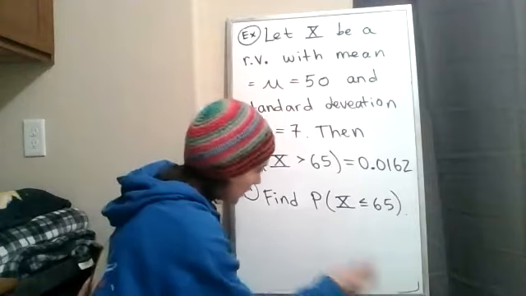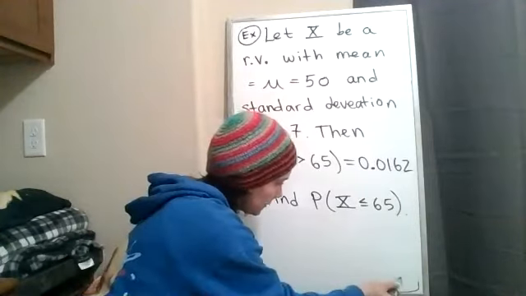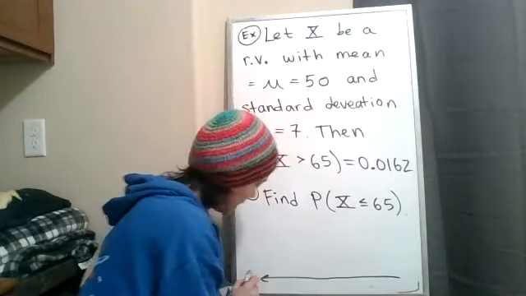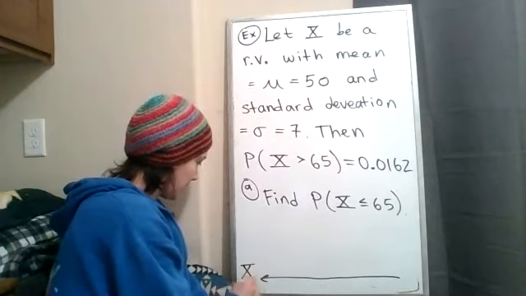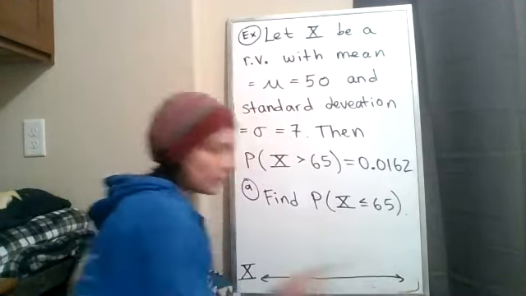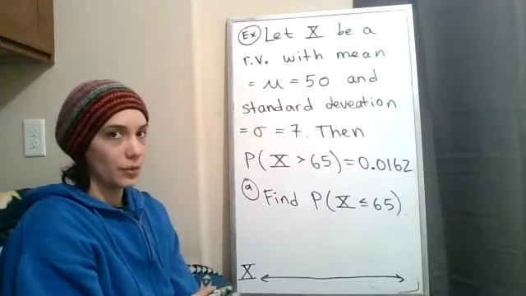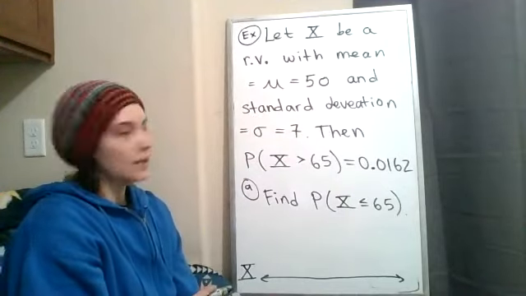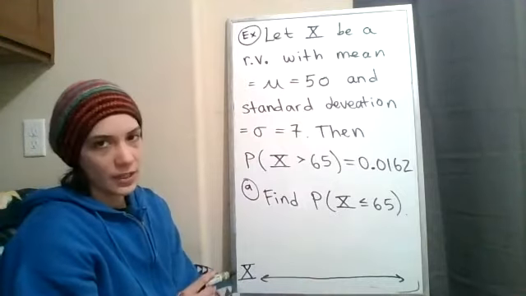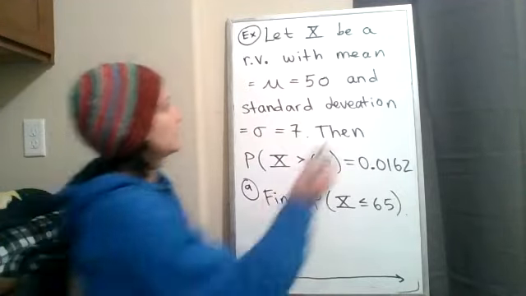Down over on the side, we have a number line for x values. We need to mention that it's a normal random variable, so I'm going to put this in.